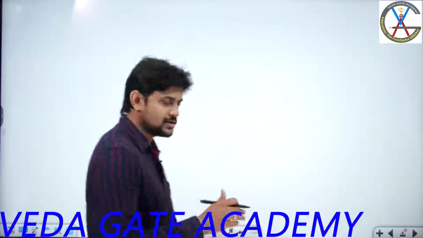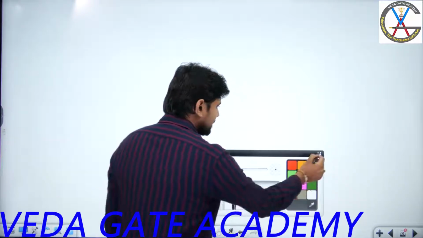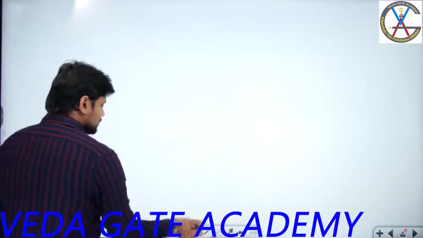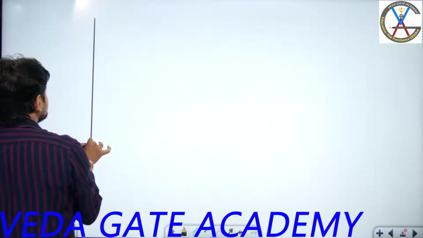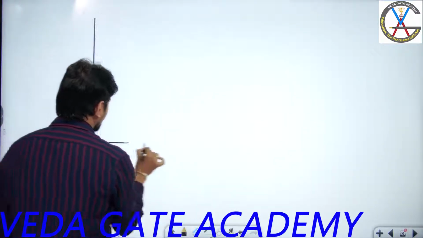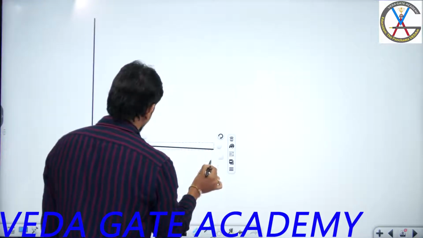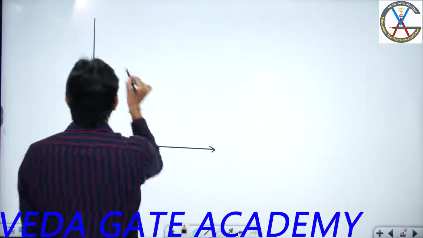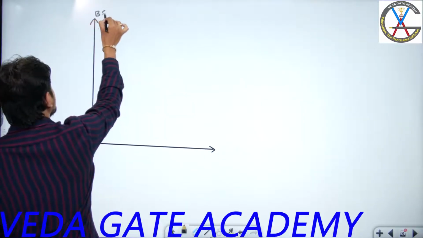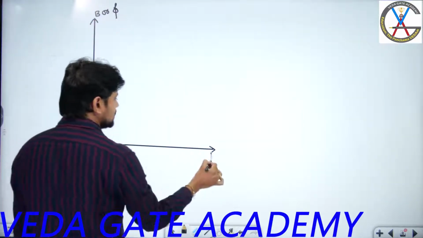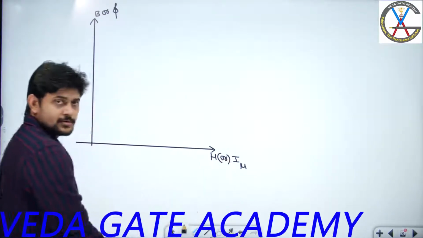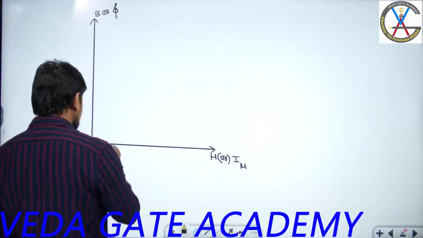Let me try to draw the BH characteristics, flux versus current. Let me use a different color. For a practical transformer, we have a graph in this fashion.